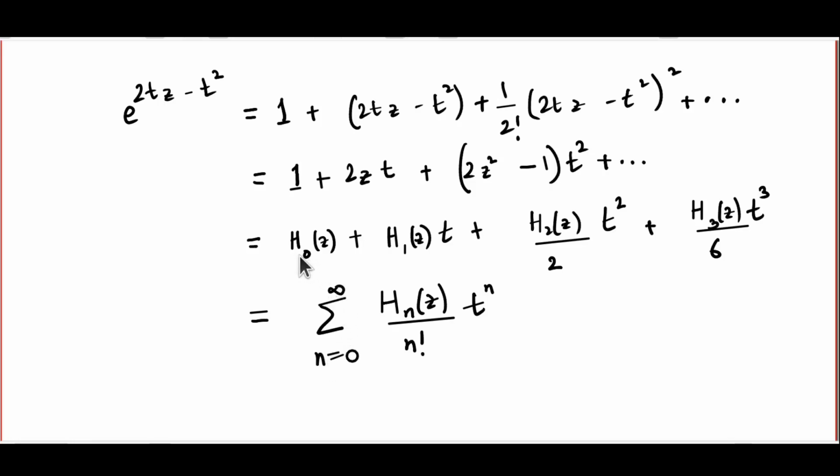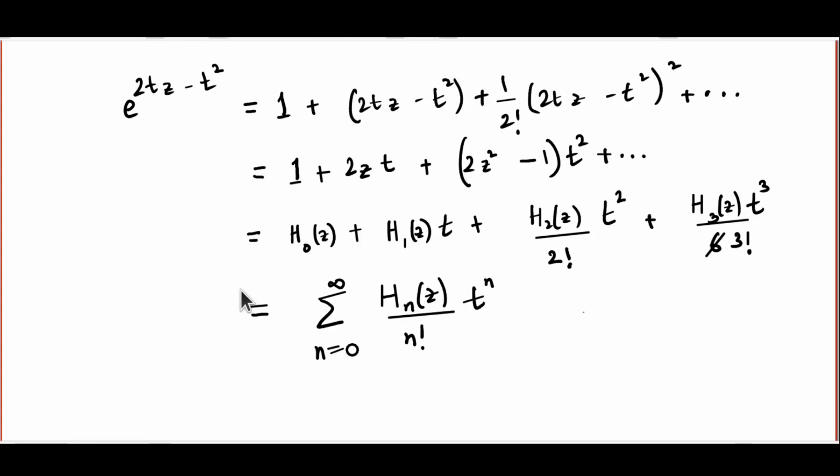Of course, this is H0(z) by 0 factorial, H1(z) by 1 factorial, H2(z) by 2 factorial. The 6 really is 3 factorial and so on. So basically, if you treat this function of t and z as a power series in t, then the coefficients up to a factor of n factorial turn out to be the Hermite polynomials themselves.